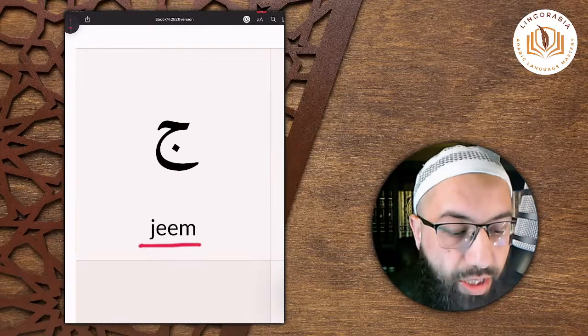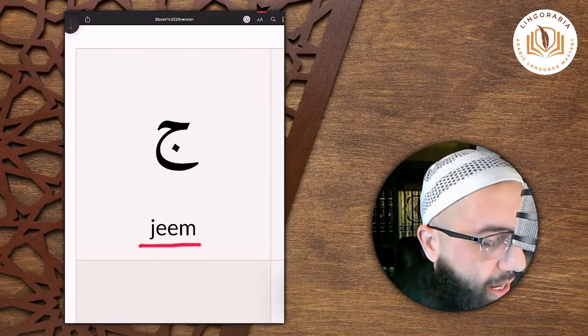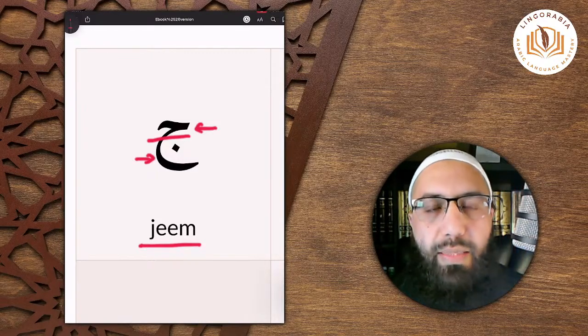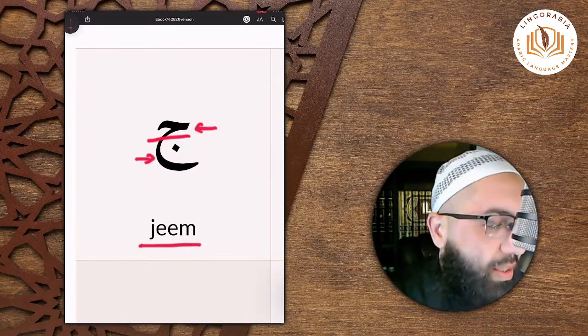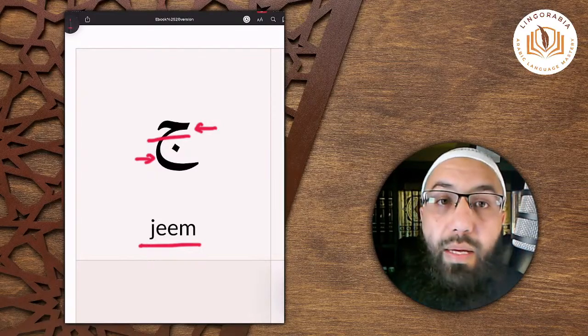Okay? So the letter Jim, as we can see, has a very distinct shape. We got the upper part and the bottom part. We got two parts of the Jim: the upper part and the part beneath the line.